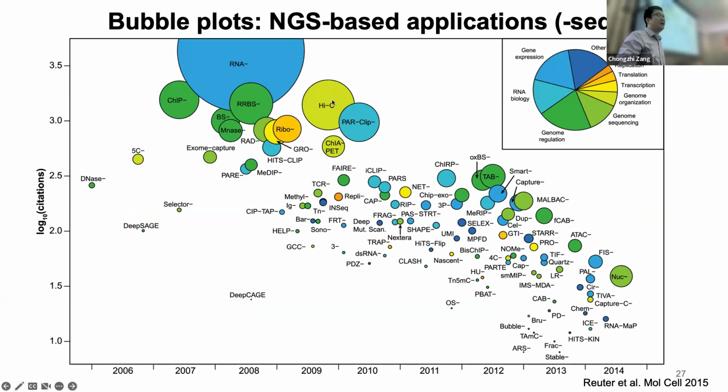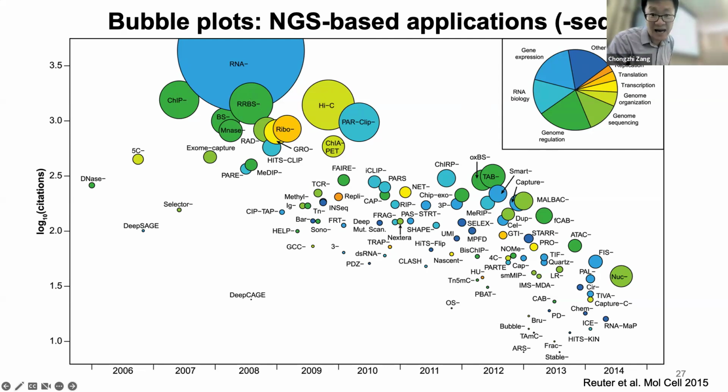But the bubble plot contains more information: each data point can have a size of a circle, a bubble. So the size of the bubble can represent another dimension of information. This is from a review paper many years ago, talking about all different sequencing-based technologies.